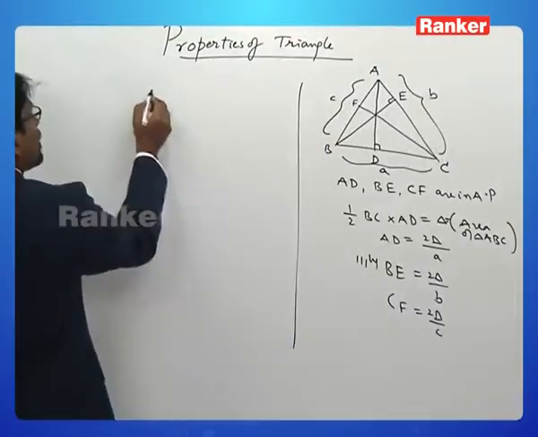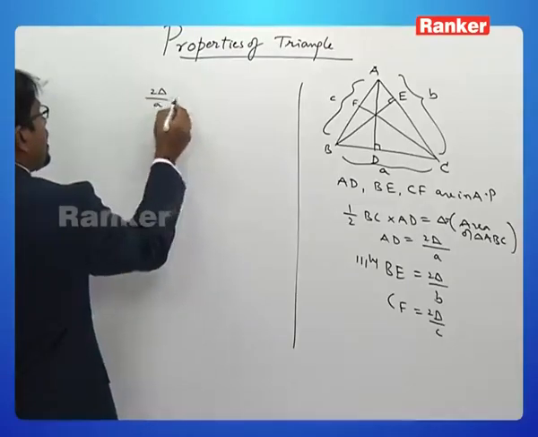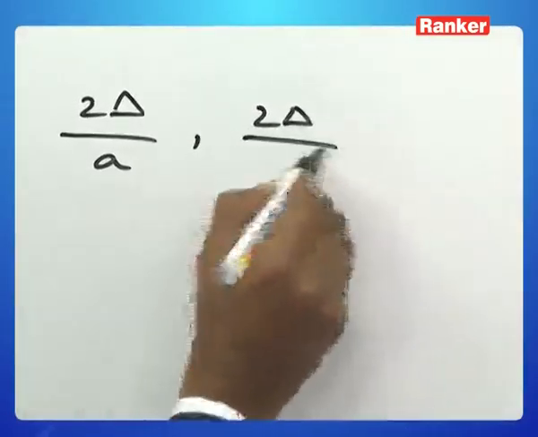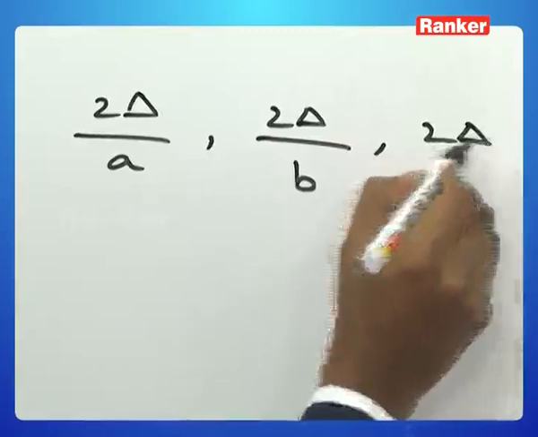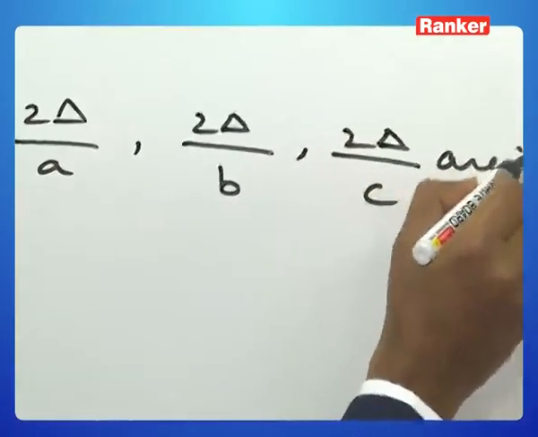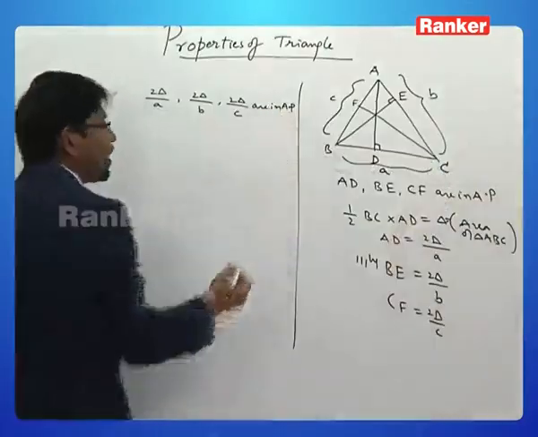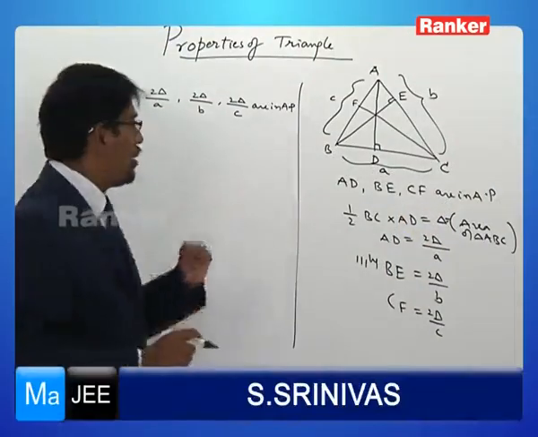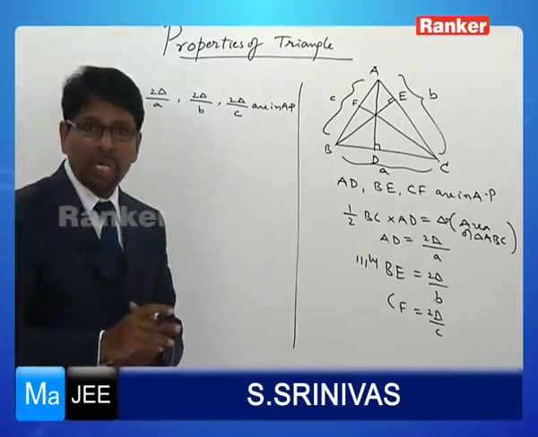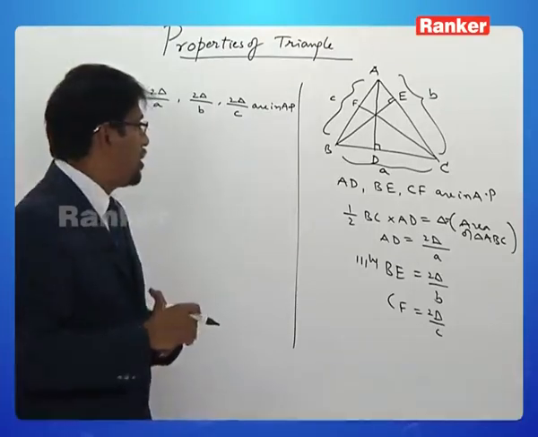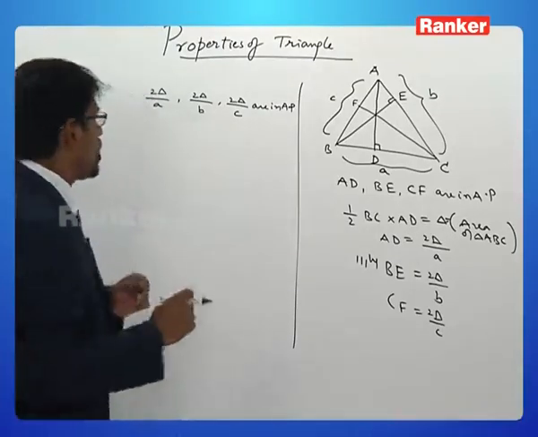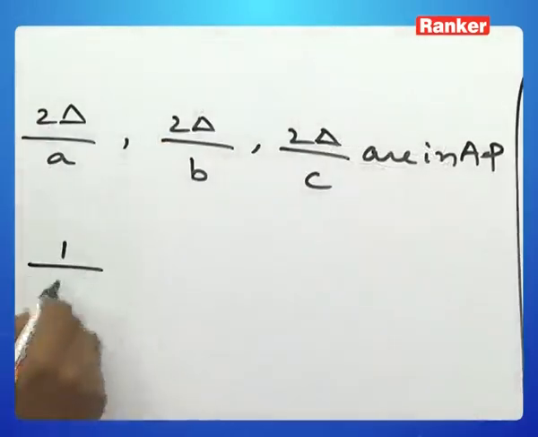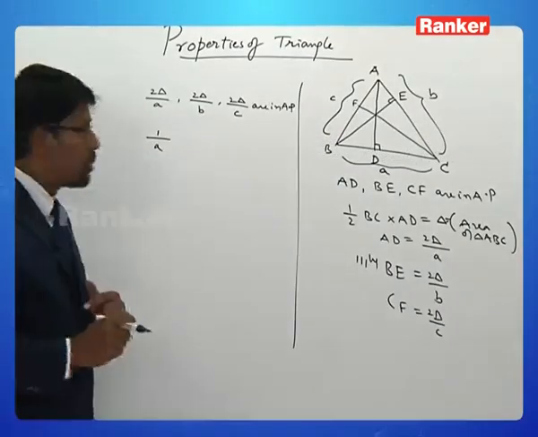So clearly 2 delta by a, 2 delta by b, 2 delta by c are in AP. This is given, arithmetic progression. When some numbers are in AP, if you divide each number by a common number, we still get an AP. So let's divide throughout by 2 delta.